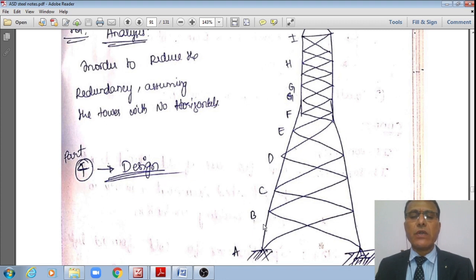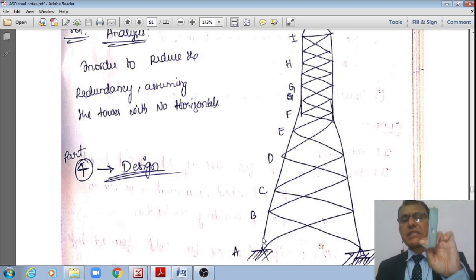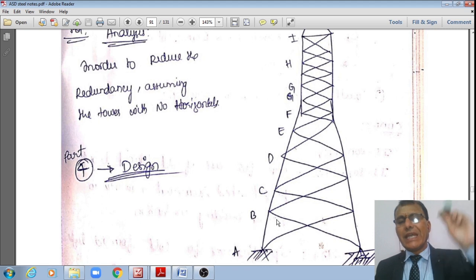However, after analysis, I got around 68 kilonewton. Whether this ISA 130 by 130 by 8 mm is sufficient to resist this 68 kilonewton or not, you check the adequacy.